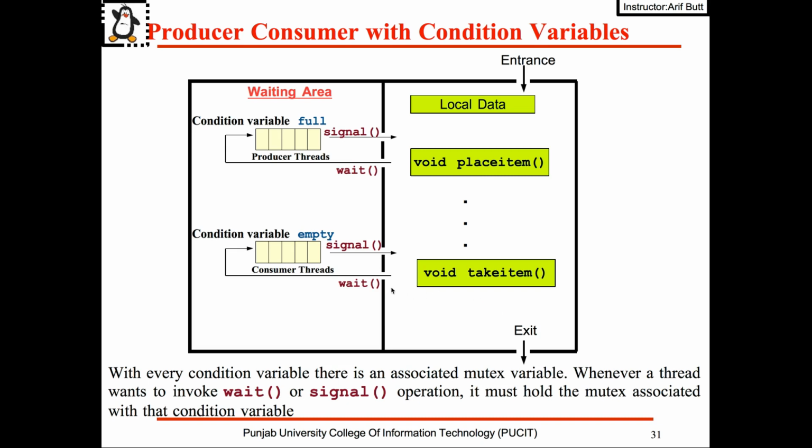Now this sleeping thread waiting on the condition variable empty will get hold of the lock again, execute the take item function and exit. So remember, the producer thread will give a signal on the condition variable empty, while a consumer thread will give a signal on the condition variable full. And this is a scenario of a bounded buffer producer consumer problem. I hope it makes sense.